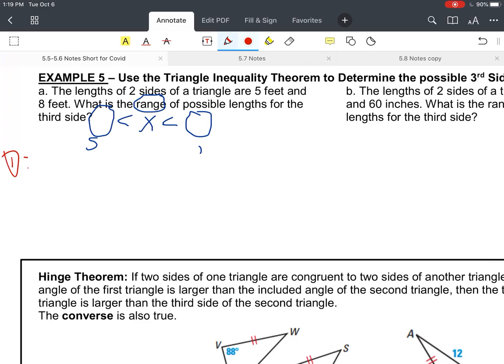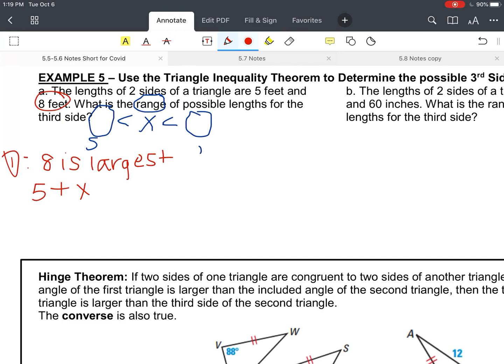So to set it up, your first option is that your side of 8 is the largest. So if 8 is your largest, what that means is 5, the side we know, plus the side we don't know, I'll call it X. You could use S, but 5 and S look the same.